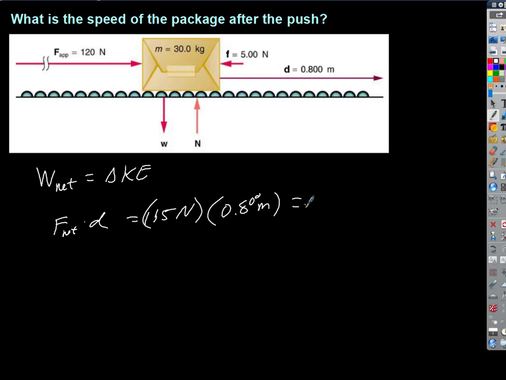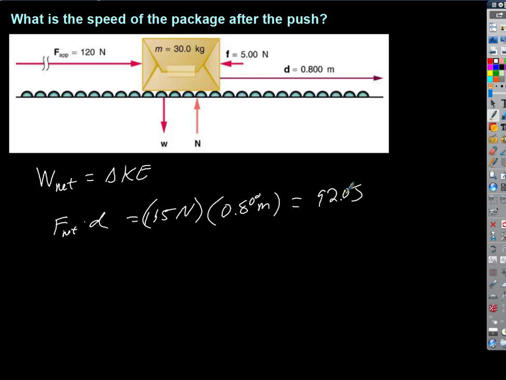Somebody help me out here. 92 joules, 92.0 joules, right, is our change in kinetic energy.